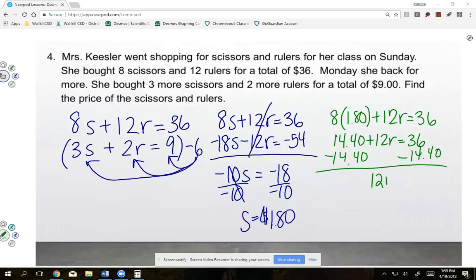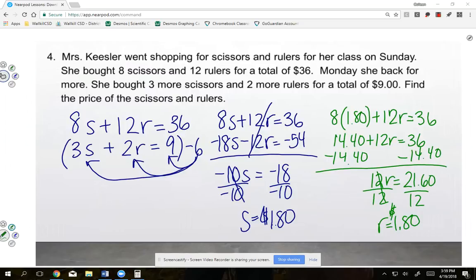We get 12R equals 2160. Divide by 12, and R equals $1.80 as well. So both scissors and rulers were $1.80.